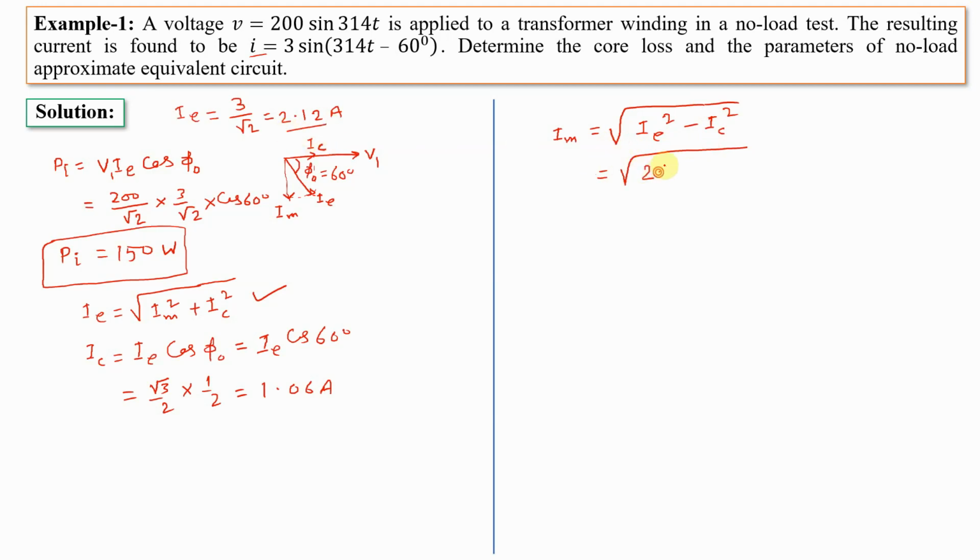So it will be 2.12 square minus IC that we have calculated, that is 1.06 square. After solving, the magnetizing current will be 1.836 ampere. So this is the magnetizing current, and this is the core loss component of the current.